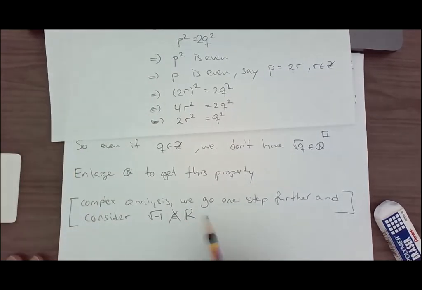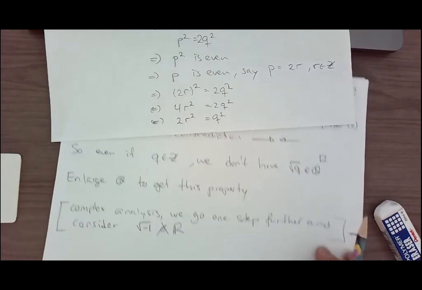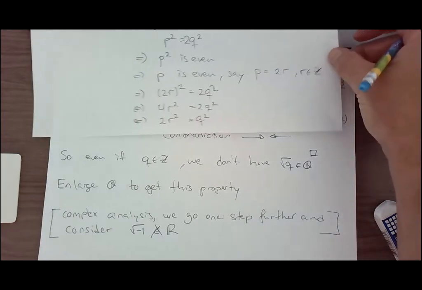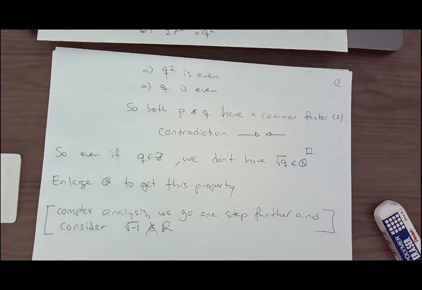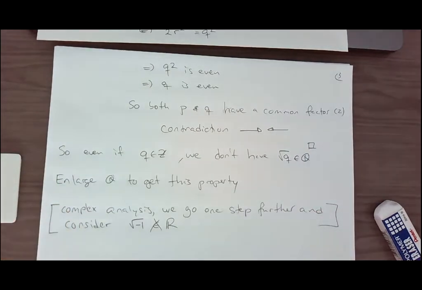So here we need to enlarge even R to deal with square roots of negative numbers. So this is in complex analysis. I don't think we're going to do any complex analysis in this course, but there is a need to go beyond the real numbers as well, but we won't go into that here. All this example illustrates is that there is a need, if you want to do square roots in general, to move beyond the rational numbers.